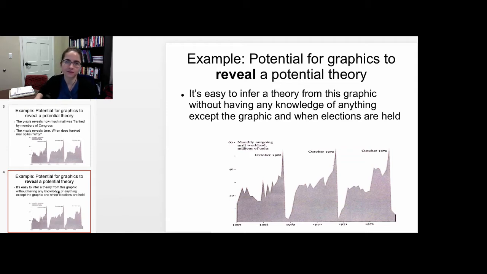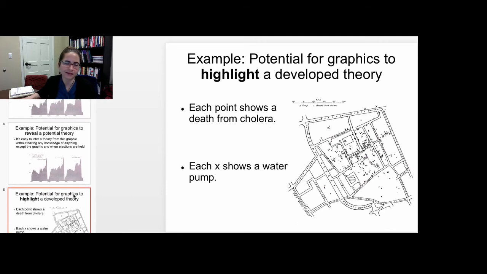I didn't come into this graphic thinking that the person who created this had a theory about franked mail. I think that they saw a pattern and decided to visualize it, and now we get to see it too. So this is creating a theory from a graphic and making some assumptions about what was going on in the head of the person who created that graphic.